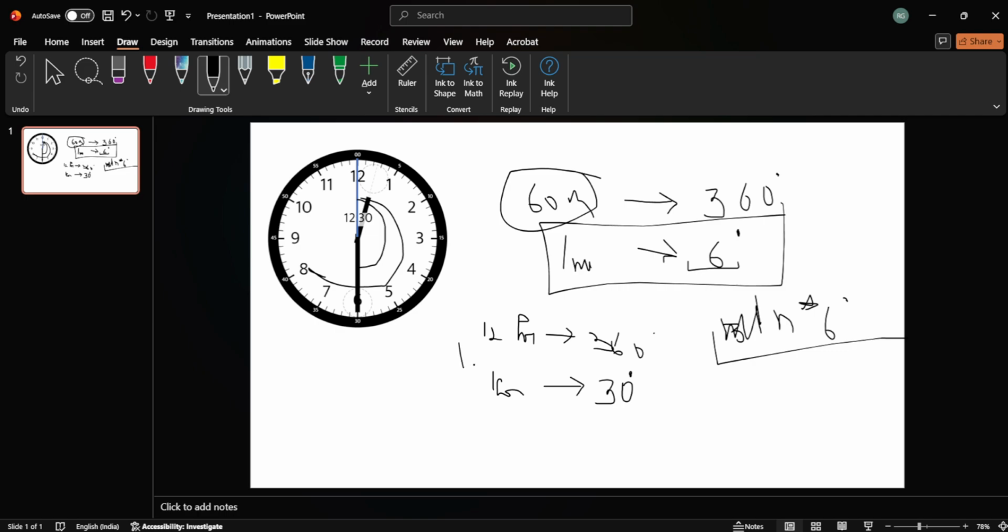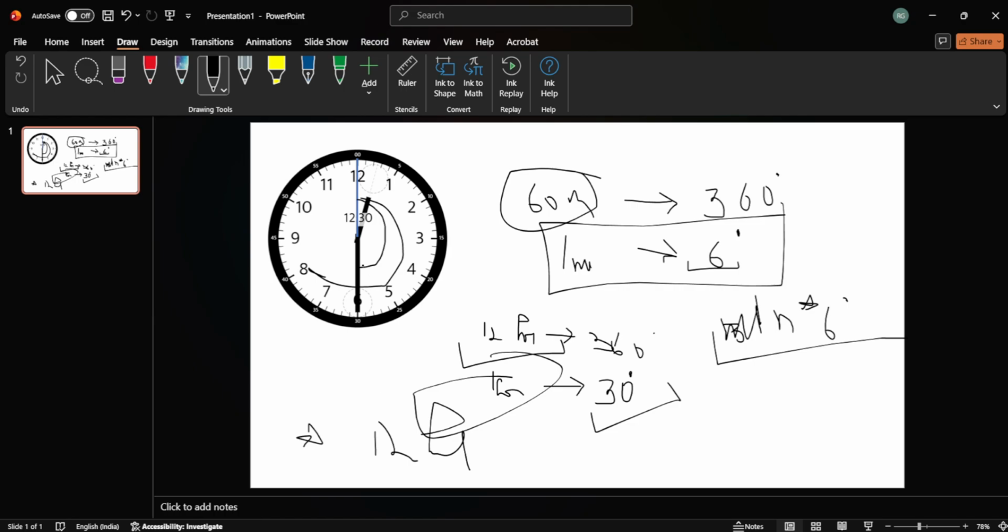Similarly for the hour hand, in 1 hour it moves 30 degrees, so for the given hour it will move hour into 30 degrees.